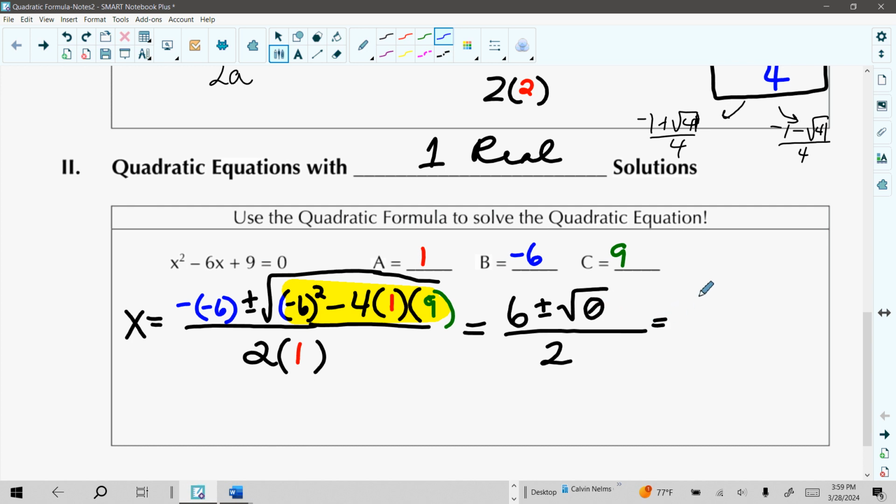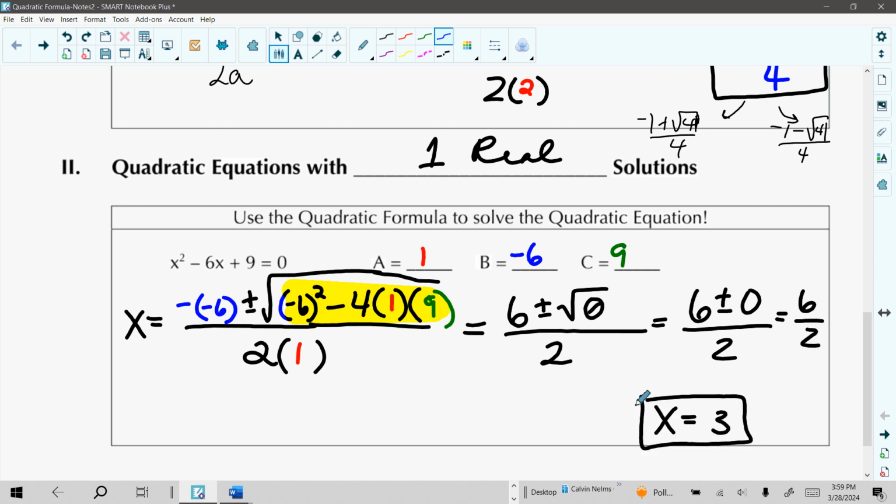So this is saying 6 plus or minus 0 over 2. Anything added to or subtracted from 0 is just itself, it's your addition identity. So really we have 6 over 2, which is x equals 3. So we had only one real solution, where before we had 2.